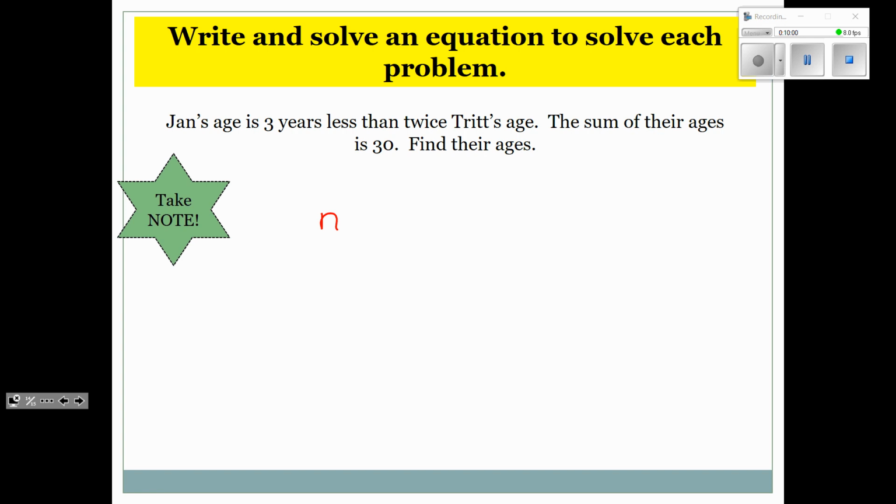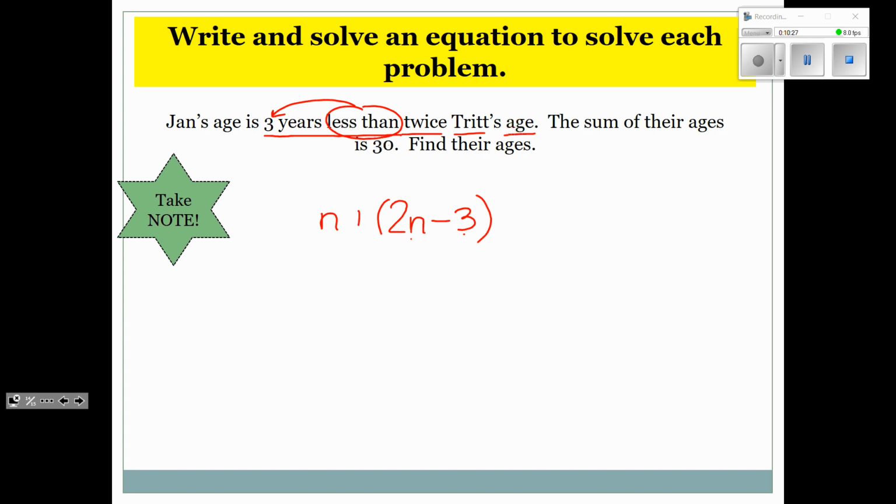We know that the other one is 3 years less than. That phrase less than means you put the 3 at the end in subtraction, so minus 3. Then it says twice Trit's age. Well, Trit's age was the first one, so we want to do twice Trit's age. 3 less than twice Trit's age. So that represents Jan's age.